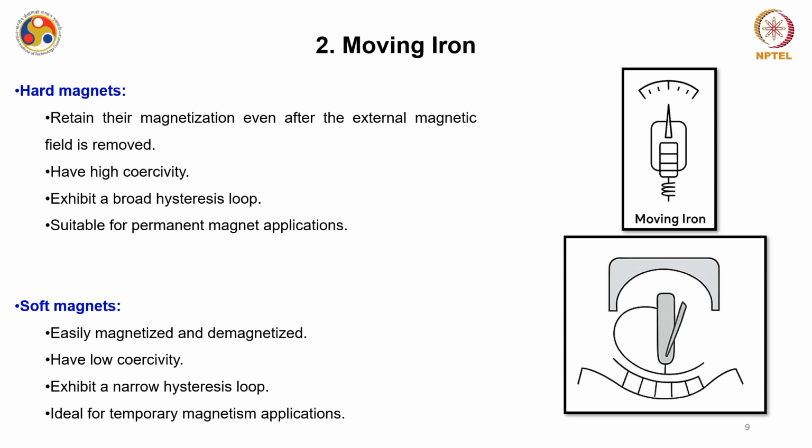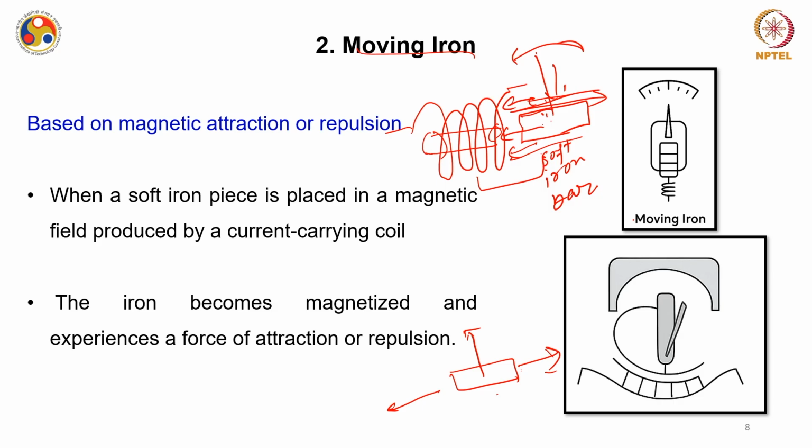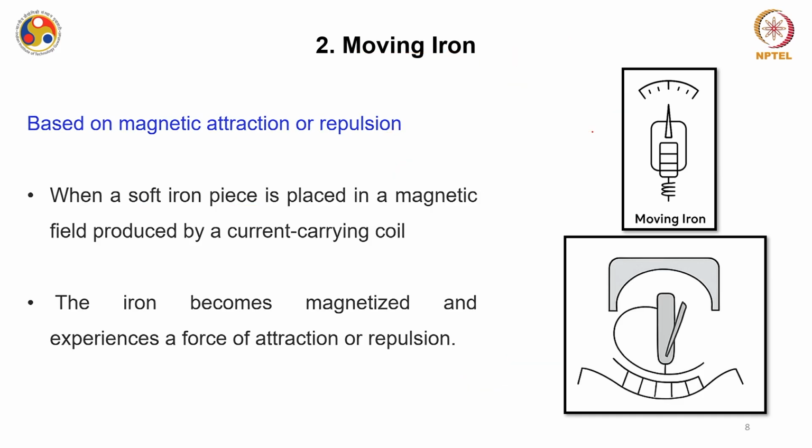So even if I remove the coil's field, the material will remain magnetized, and this will be permanently magnetized.